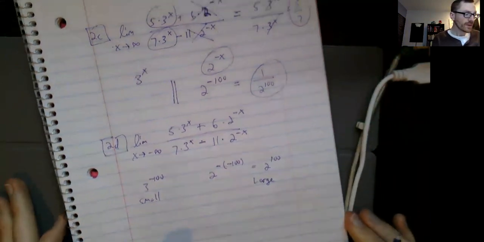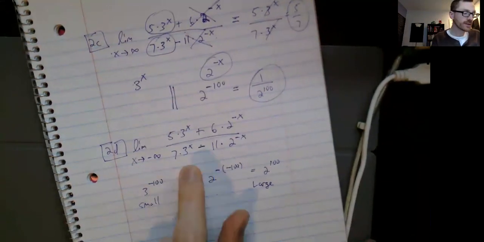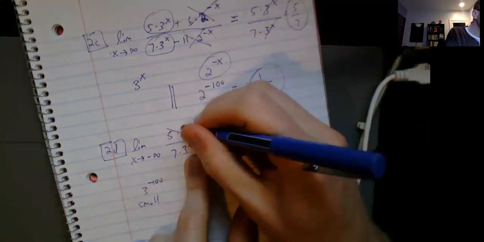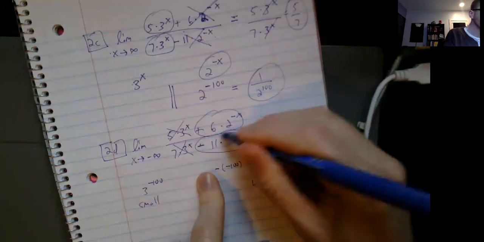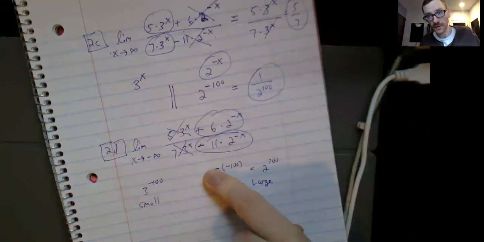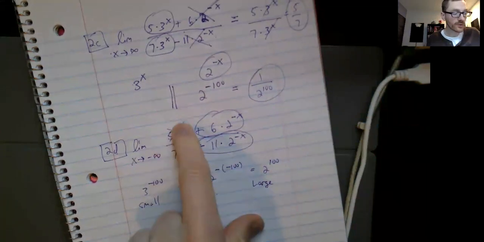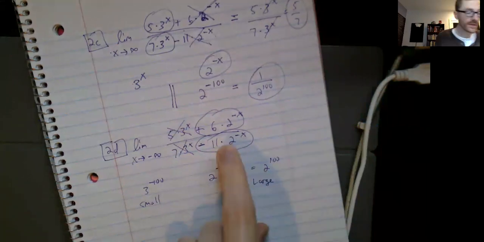So if you think about it, as x approaches a very large negative number, this time around, these terms here are actually getting smaller. And these terms here are the ones that are getting much, much larger, bigger and bigger. And so what you should do is ignore the slower growing terms, the small terms, and only keep the terms that are very, very large.